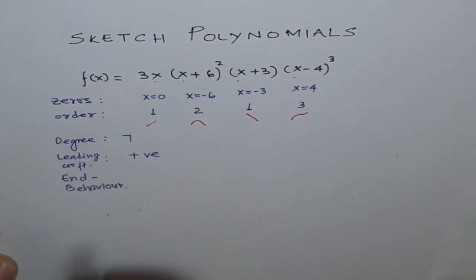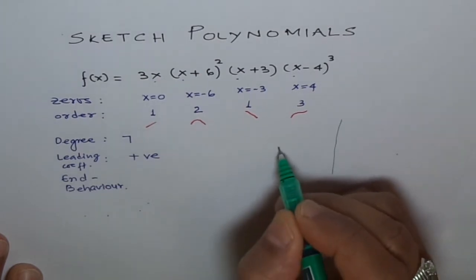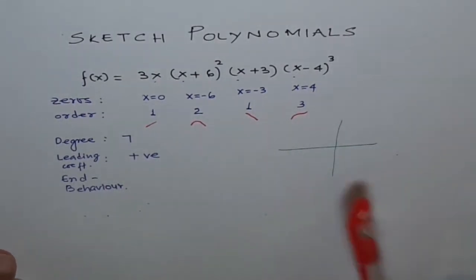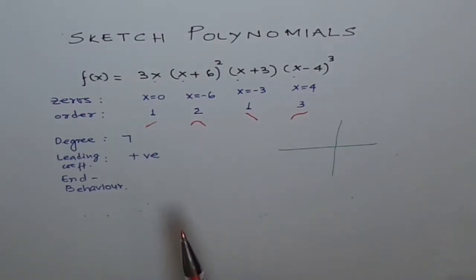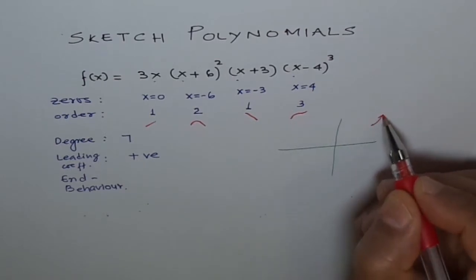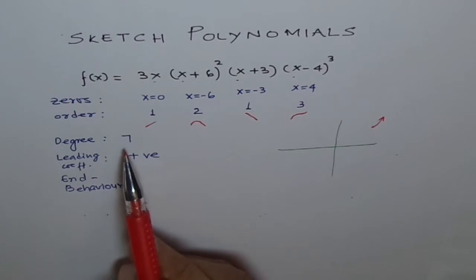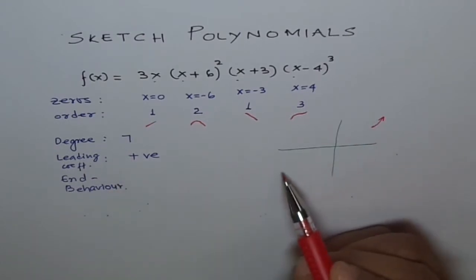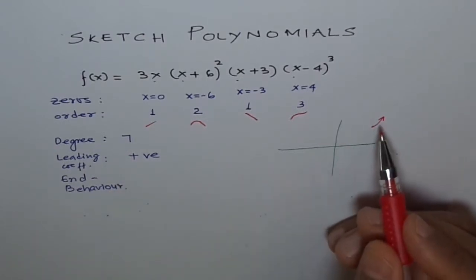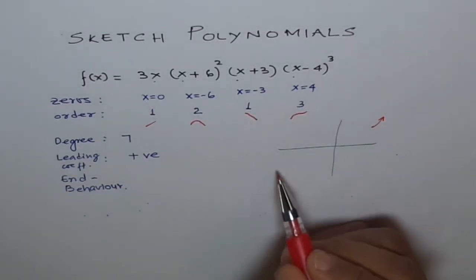Tell me, how will it look? We can make a rough sketch on the side. Rather, I'll just put the end behavior here. When we know that the leading coefficient is positive, that means what? Right side up. Do you remember that? Right side up means this. And the degree is odd, 7. That means the graph will go in the opposite direction on the other side.